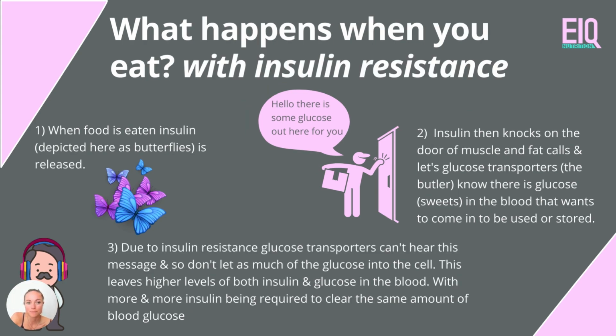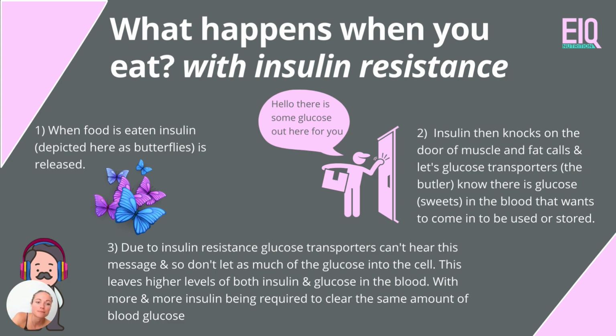And then what happens when glucose metabolism goes slightly wrong, or when you have more insulin resistance? This basically means less sensitivity to the presence of insulin. It's the same process. You eat some food, insulin is released, and the insulin signals, hey, look, there's glucose in the blood, we want to get it into the cell, please open the cell.